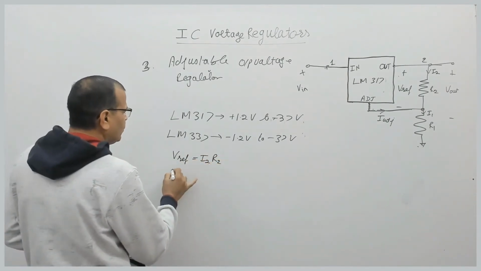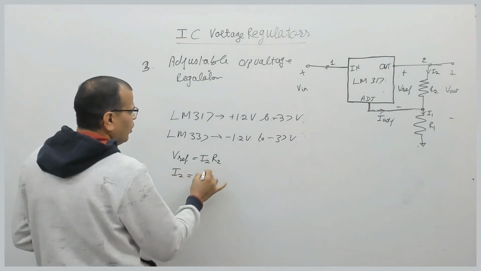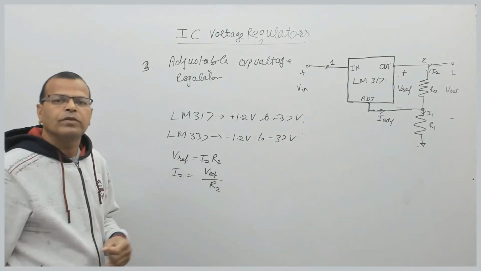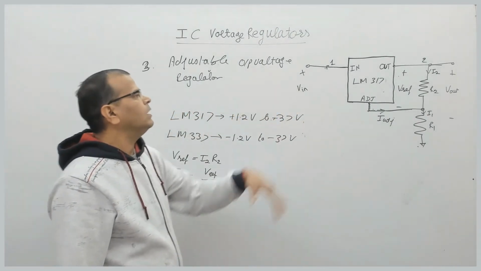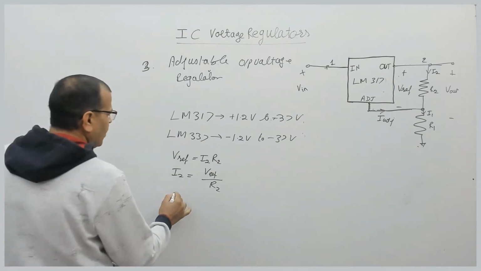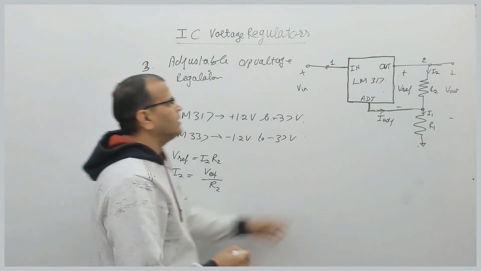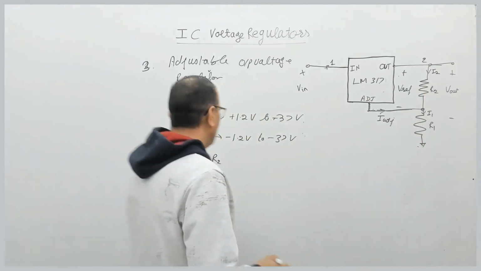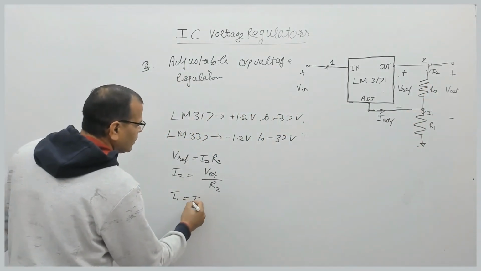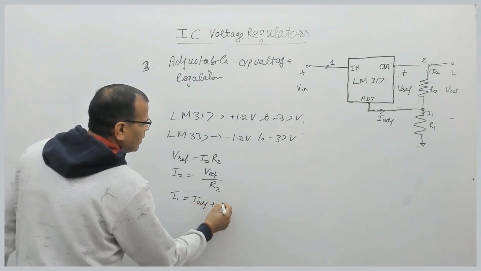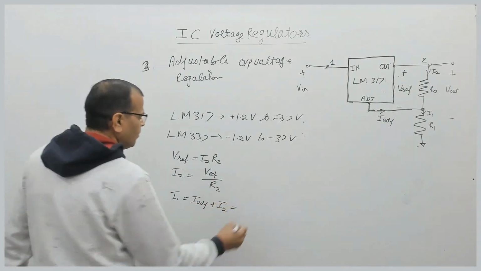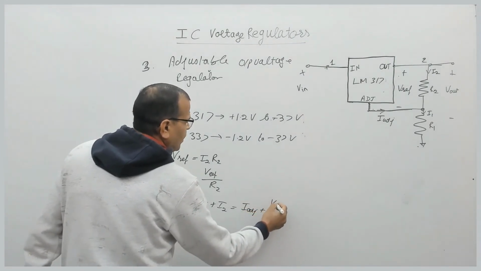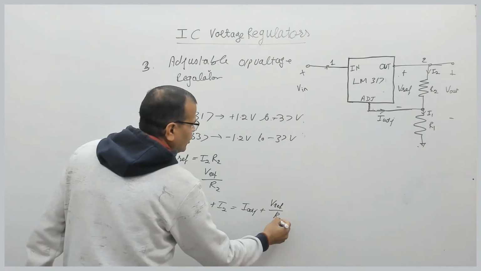So what is current I2? I2 is nothing but Vref by resistance R2, right? Now let us see the current through R1. If you apply KCL here, current I1 is I adjusting plus I2. So current I1 is I adjusting plus current I2, where I adjusting is given to you, plus Vref upon R2.